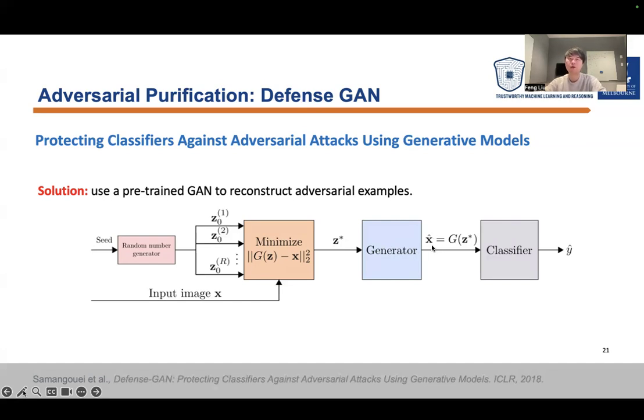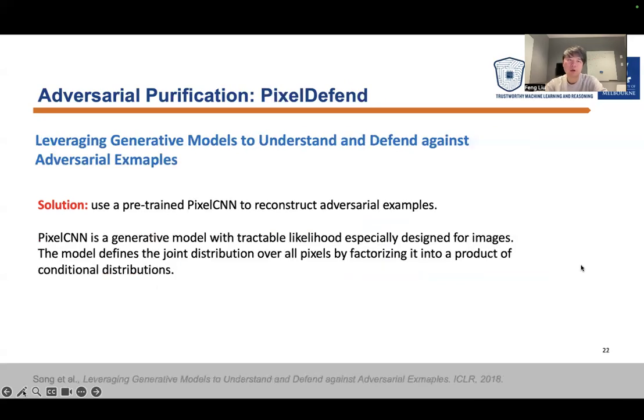So X hat is our purified example. And that's how we use the power of a pre-trained GAN to help us purify or reform an input image X. Okay, finally we give this X hat to the classifier, get Y hat, the prediction label. Okay.